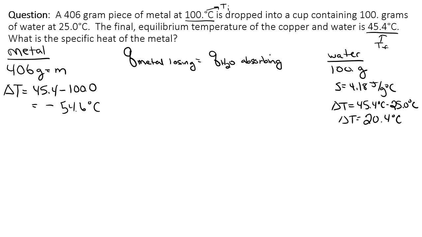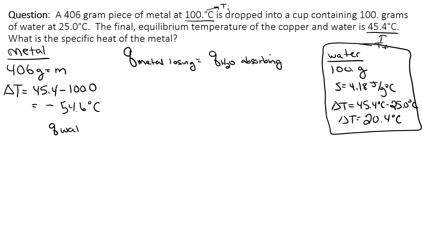I'm showing both of those values so that we know more about the water. There are other ways that we could show this too, but I'm going to show how much heat the water has absorbed because I know the three values required. In this case, I am given masses, so it's going to be mass times specific heat times change in temperature. Those are all for the water. The mass of the water is 100 grams.